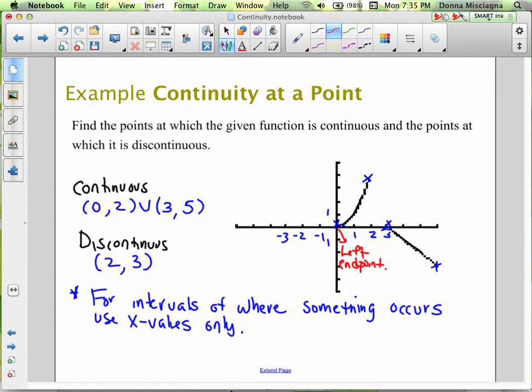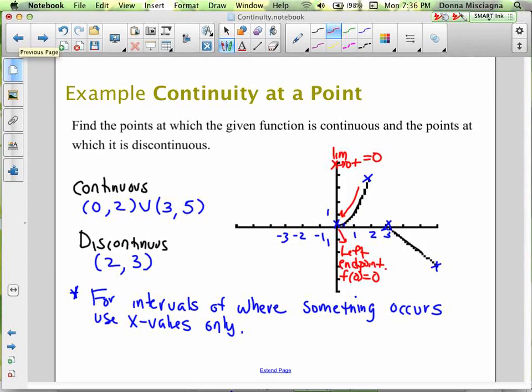All right, so it looks like f of 0 equals 0. As we come from the right-hand side, the limit as x approaches 0 from the right-hand side is also 0.